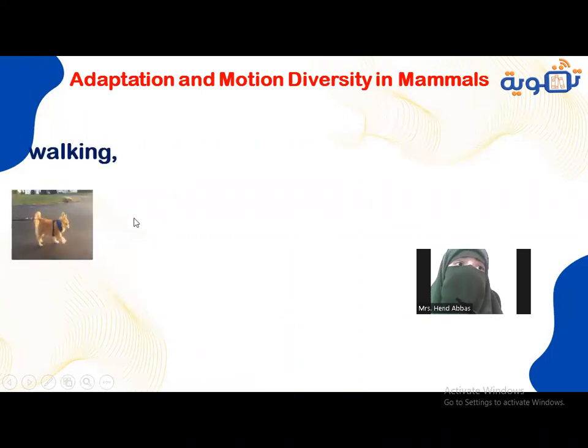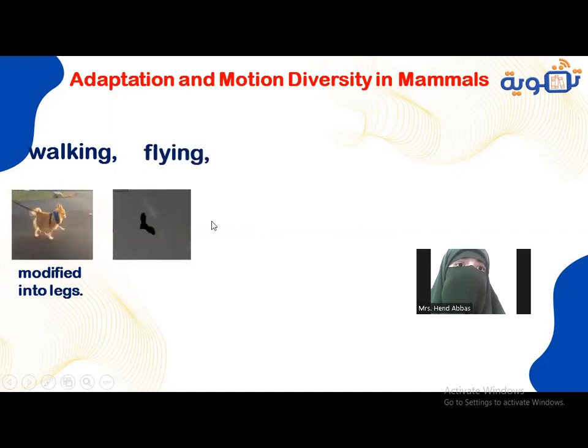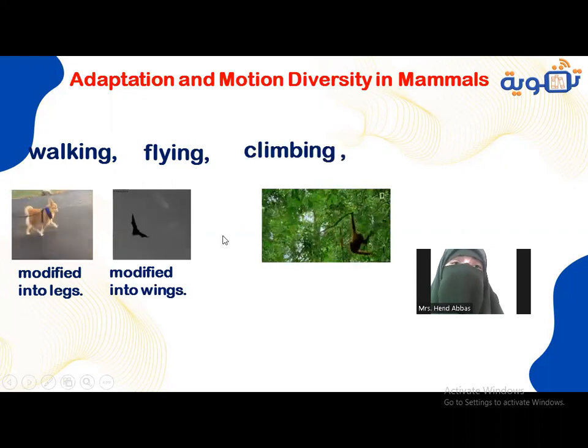Okay, all of the mammals have similar bones of limbs. For the dog or the horse, its front limbs are modified into legs. For the bat, its front limbs are modified into wings.